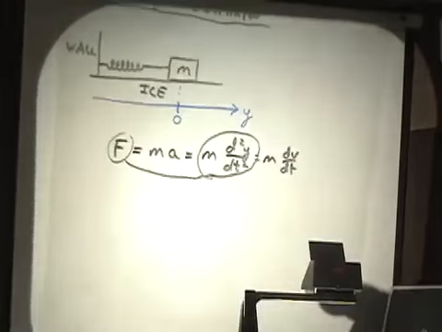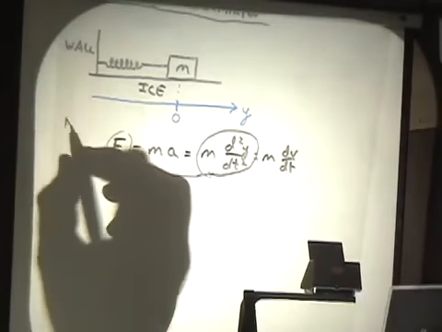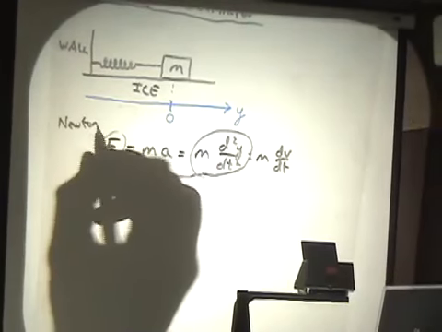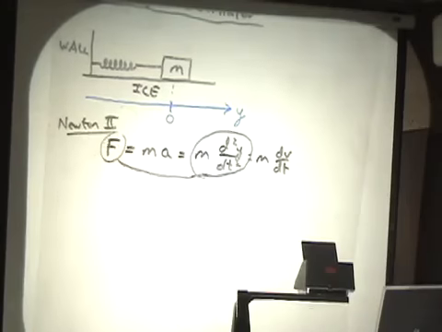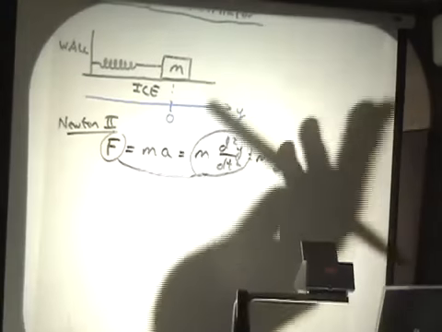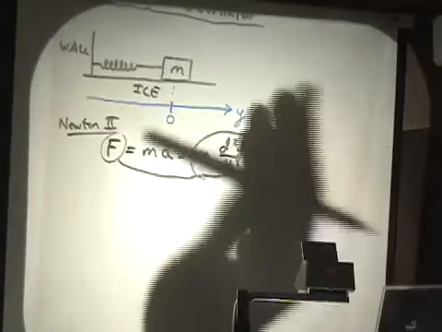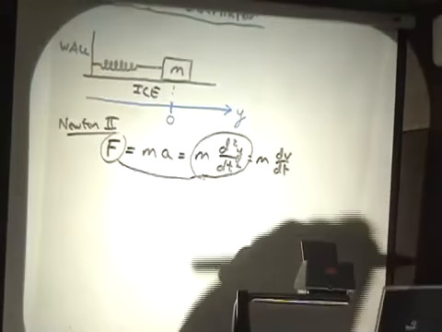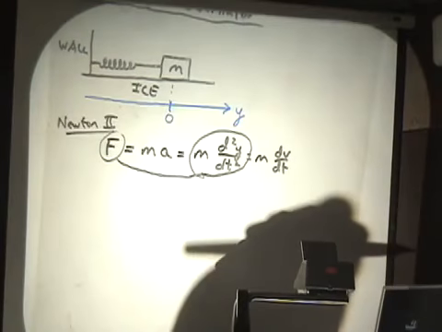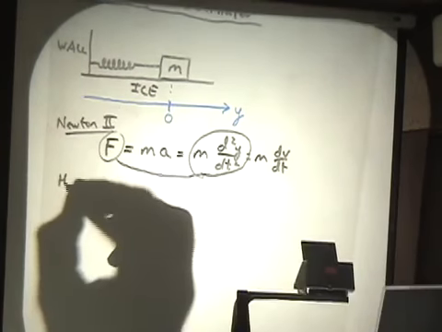With a mass on a spring, however, so this is Newton's second law, I'll label as Newton 2. With a mass on a spring like this with no other forces besides what's called the restoring force of the spring, the force has a particular form. That's given by something called Hooke's law.